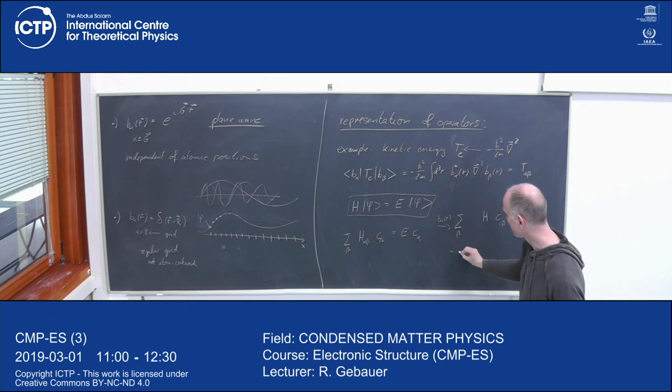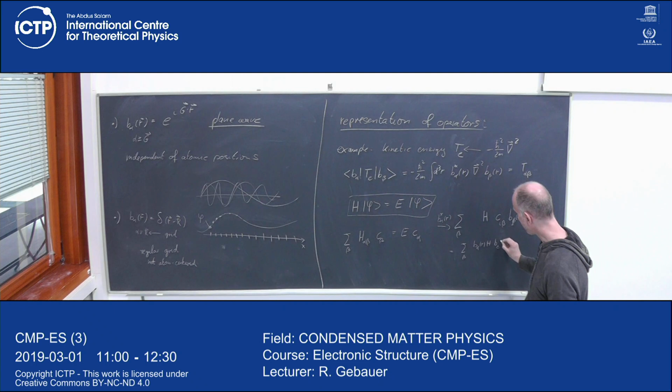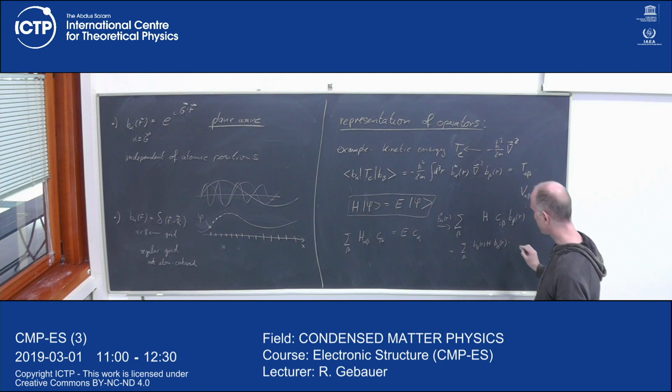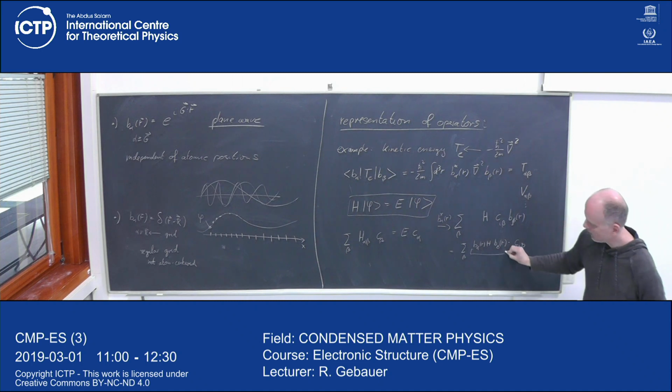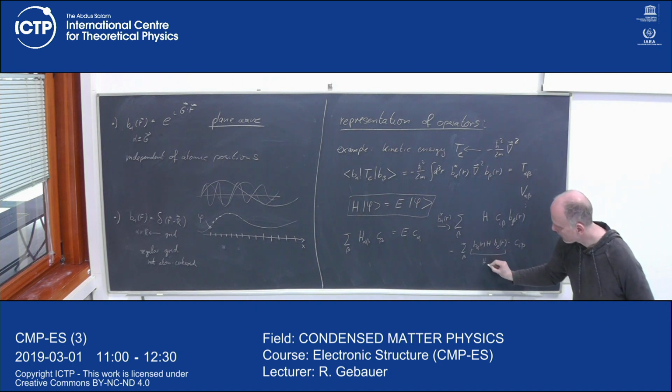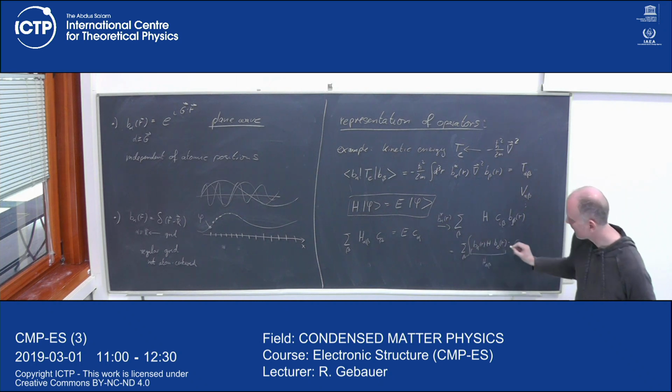Then this becomes sum over beta, complex conjugate b alpha of r h b beta of r times c_i beta, and this here is precisely the matrix element which we have given, h alpha beta, if you integrate over space.